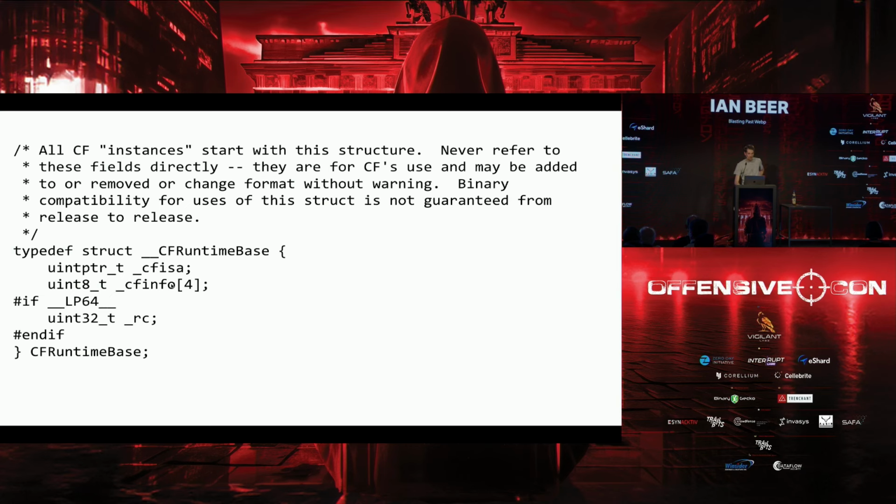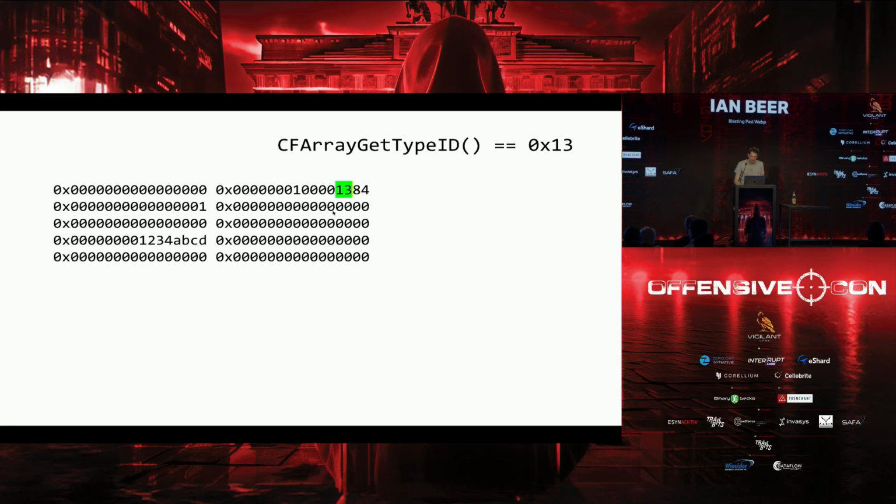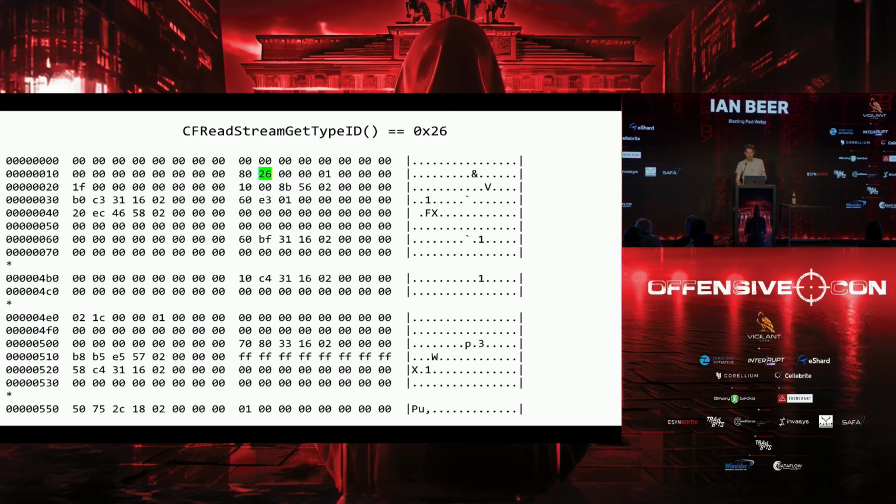And it's telling you that we have this CF info thing inside these Core Foundation objects. We'll just skip ahead, and you can see that this 13 corresponds to CFArrayGetTypeID. This is telling the Core Foundation runtime, this is a Core Foundation array. And similarly, this is telling the Core Foundation runtime that this thing is a CFReadStream.